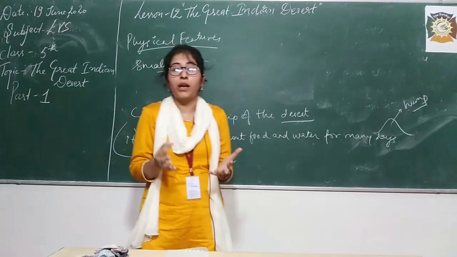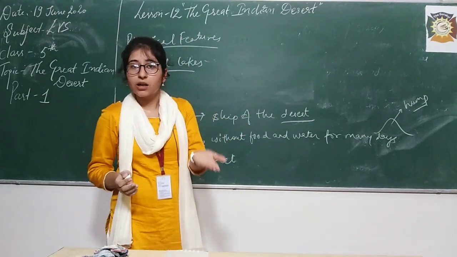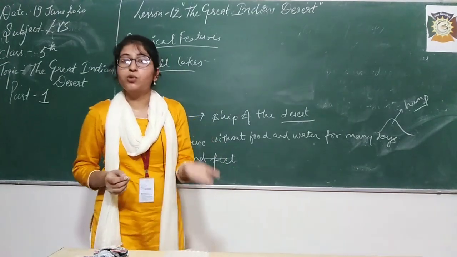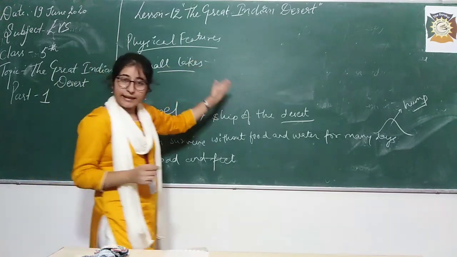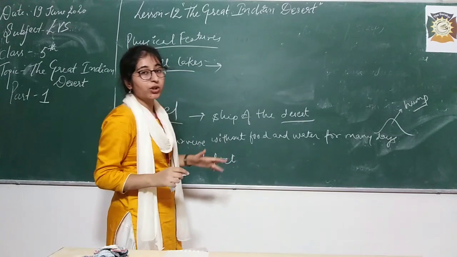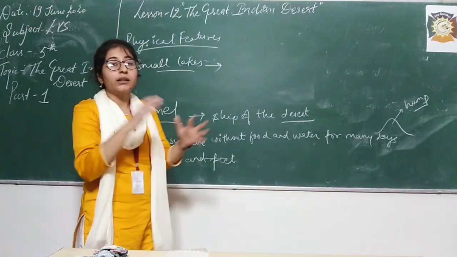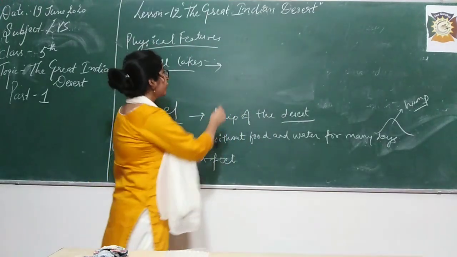See students, sometimes the underground water comes to the surface through a spring and develops in the form of small lakes. These lakes have a special name. You need to learn this: these small lakes in deserts that develop due to underground water.